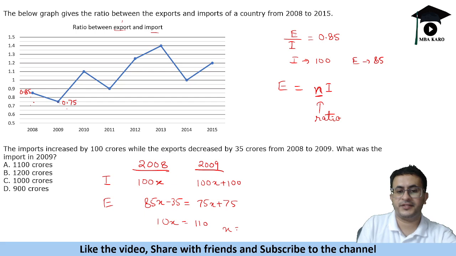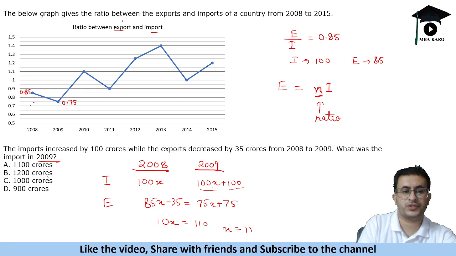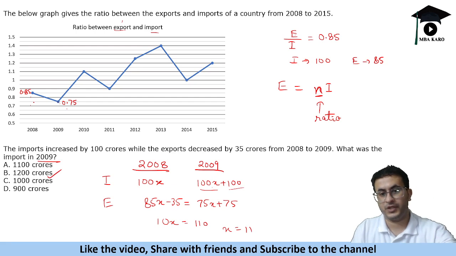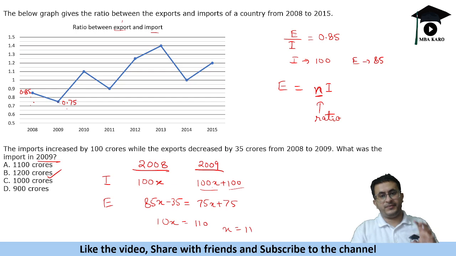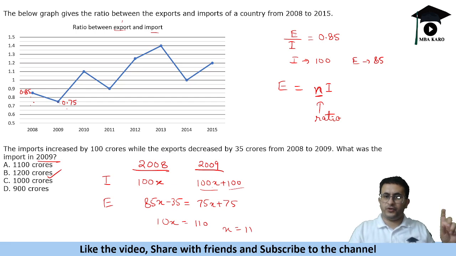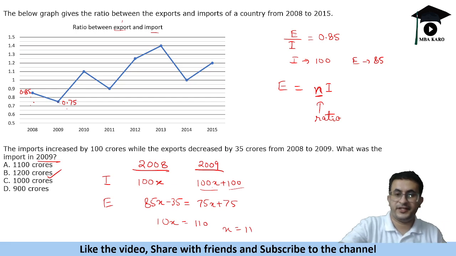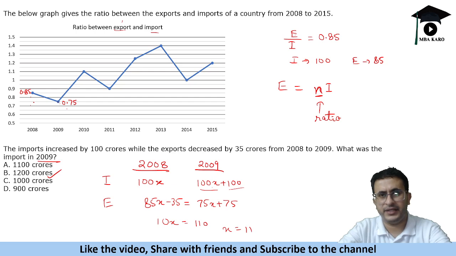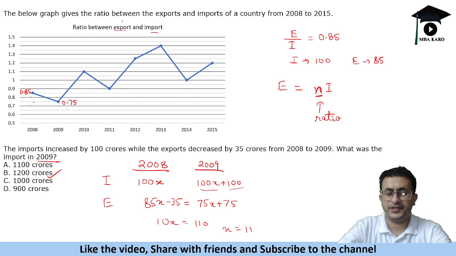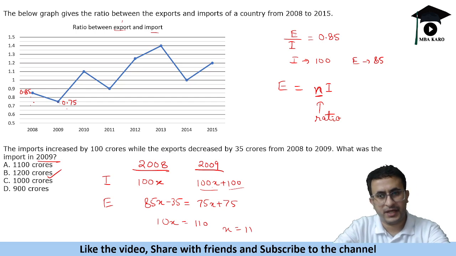So x is 11. Okay, we need to find import in 2009. This is 11. So 1100 plus 100, 1200 crores. Okay, so since export is dependent on the import, so take the variable for import as 100x, and accordingly whatever is the year given, you find it that way.